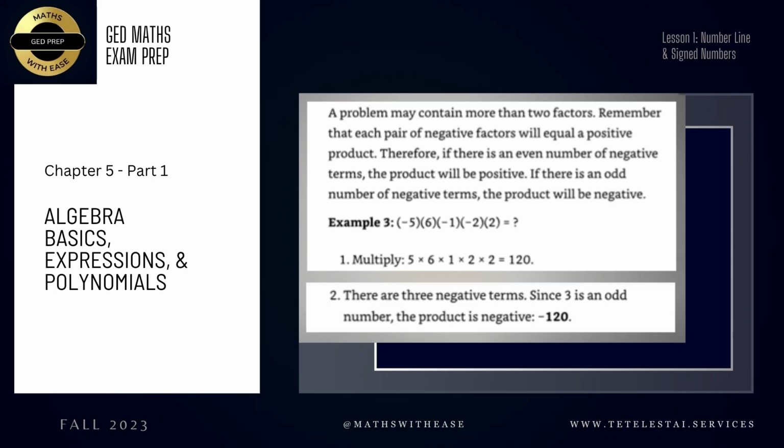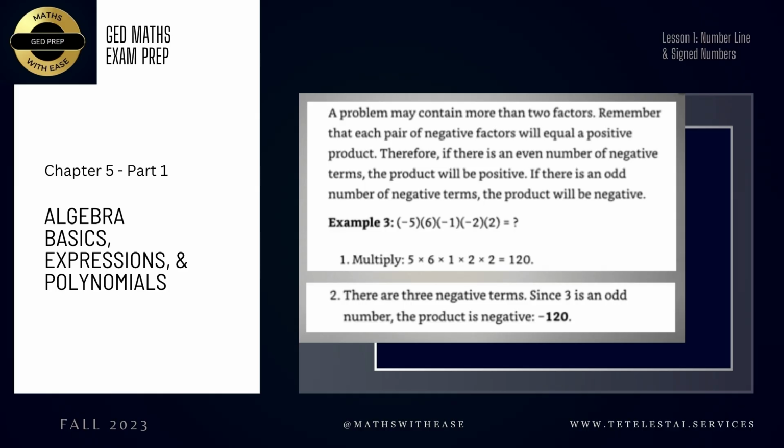I approach these differently. I would just go -5 times 6 is -30. -30 times -1 is +30 because you're multiplying two negative numbers. +30 times -2 is -60. And then -60 times 2 is -120, right?